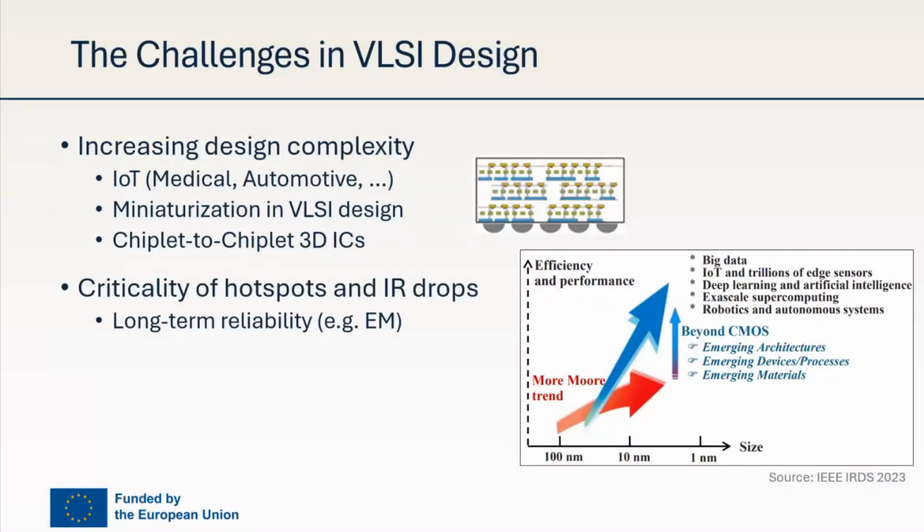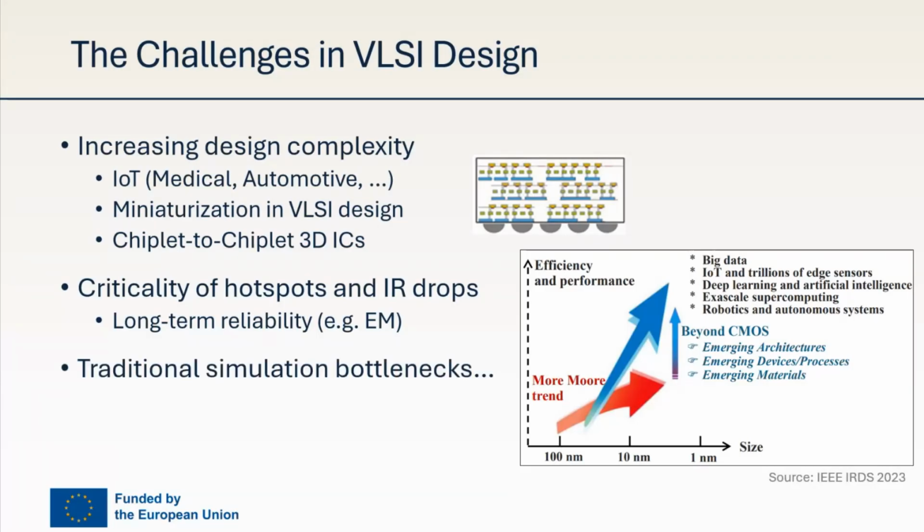Hotspots and IR drops caused by localized heating and uneven voltage distribution are becoming more significant, as they can compromise both performance and reliability, and lead to long-term reliability phenomena like electromigration, accelerating wear-out mechanisms and reducing chip lifespan.